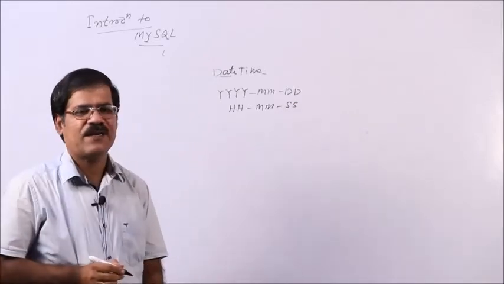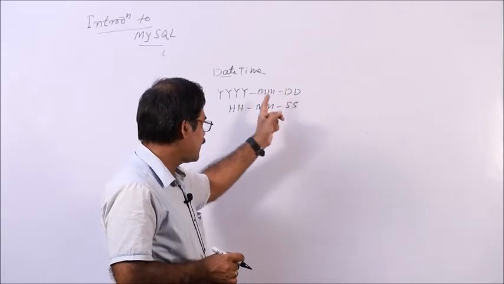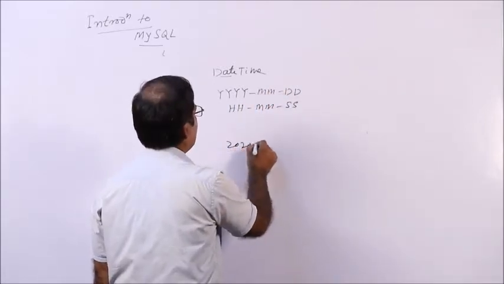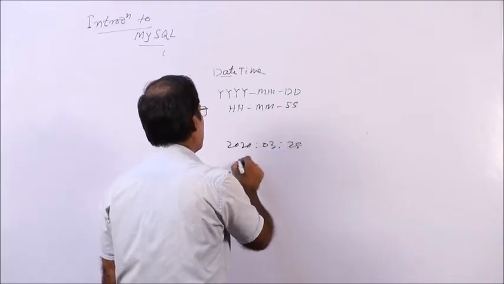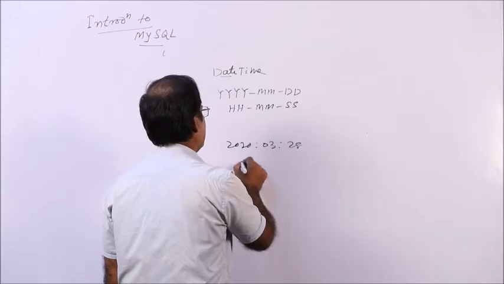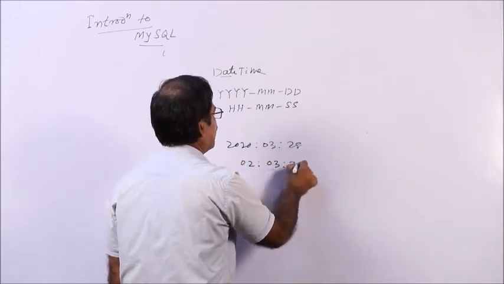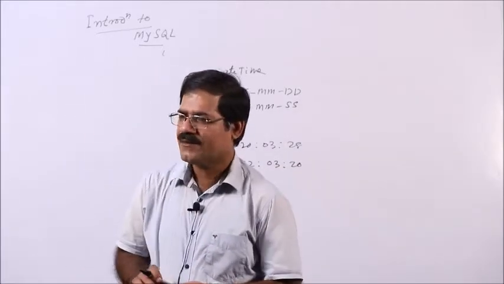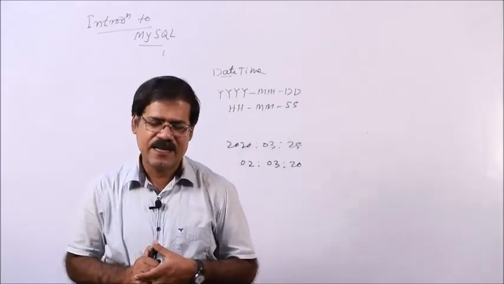Suppose, for example, the year is 2020, the month is March, the date is 28, and the time is 2 hours, 3 minutes, 20 seconds. You provide the values in this format; that is a date time format.